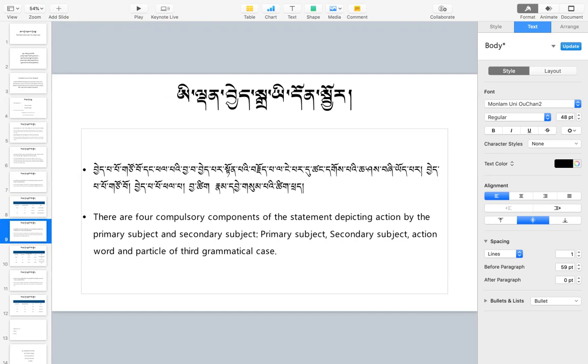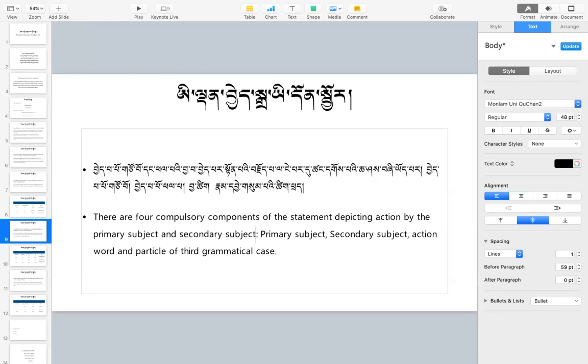So in such statement, that is the statement of the third grammatical case, in which the particle of third grammatical case depicts an action done by both primary and secondary subject, there are four compulsory components. First, primary subject, second, secondary subject, third, action verb, and finally, particles of third grammatical case.